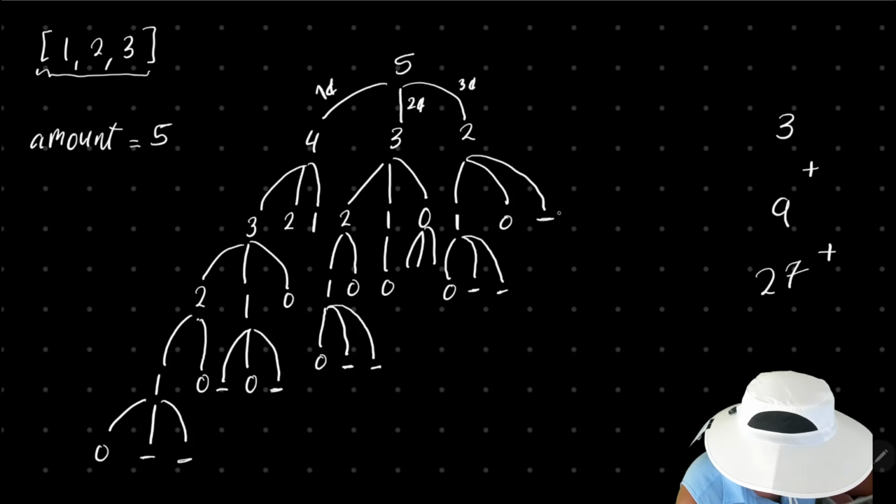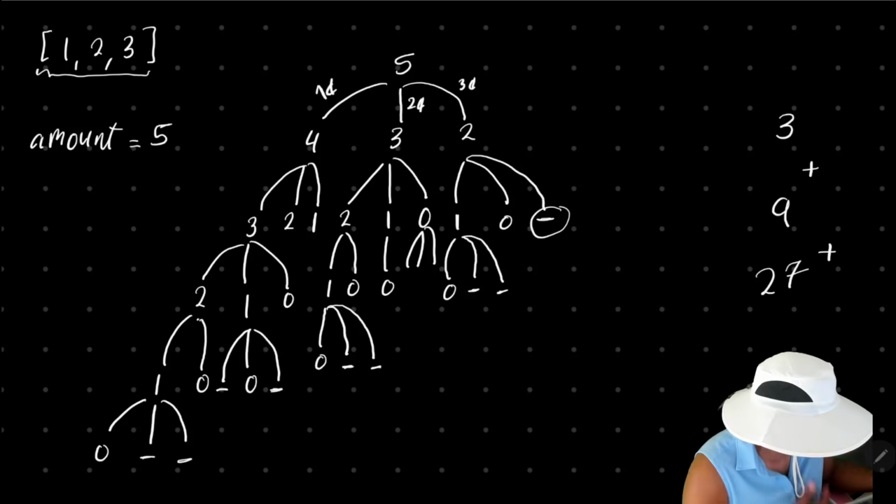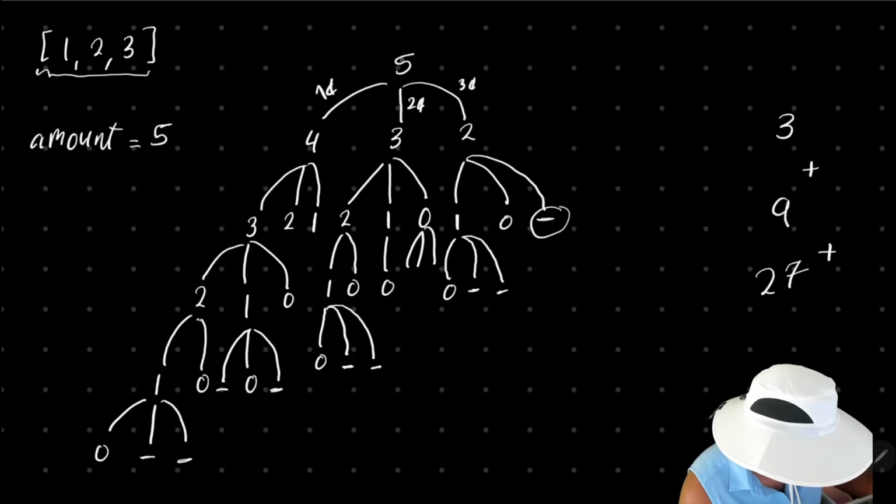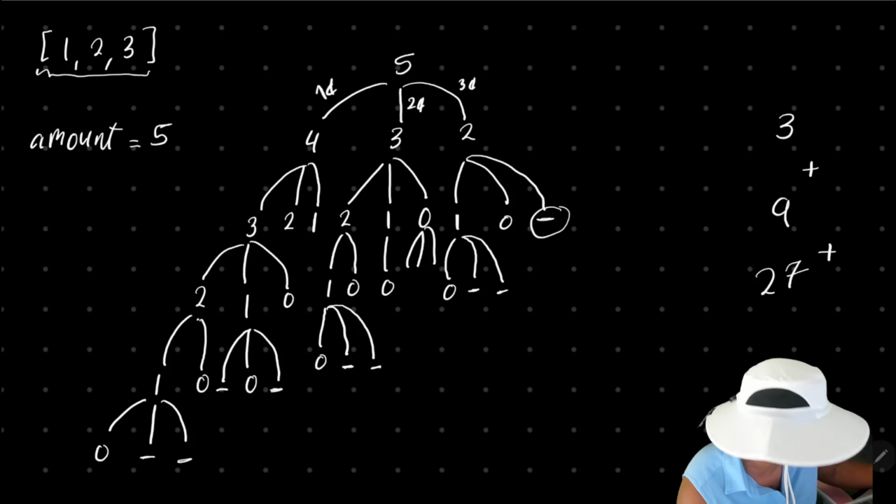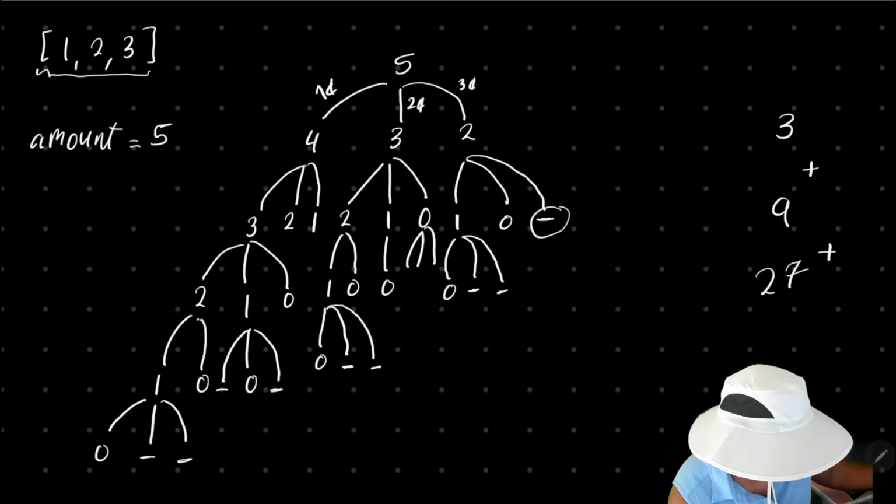Here, obviously, because it's a negative number, we don't have to continue. But you could imagine if instead of 5, it was a much bigger number. We're looking at the worst case scenario.